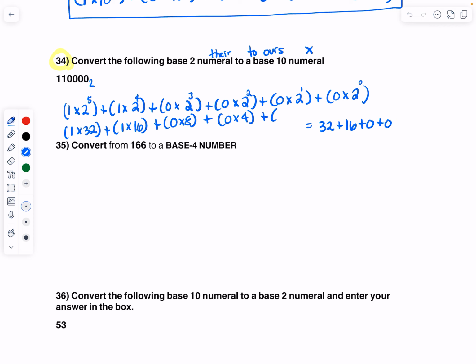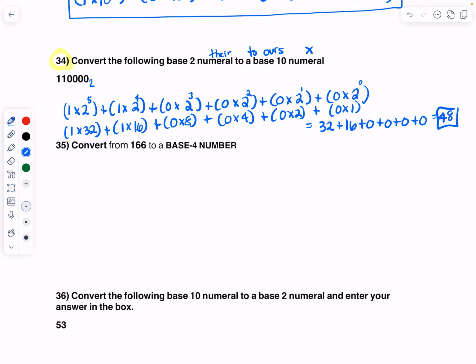Plus 0 times 2 is 0. Plus 0 times 1 is 0. So 32 plus 16 equals 48. Okay, so 48 is 110000 base 2. In our system, it's the number 48.